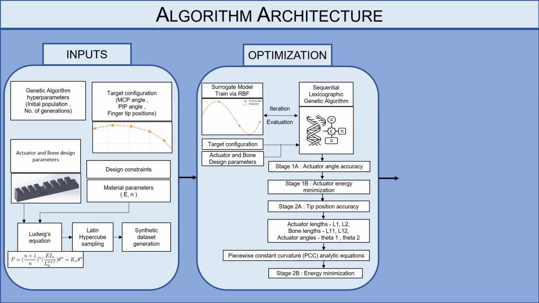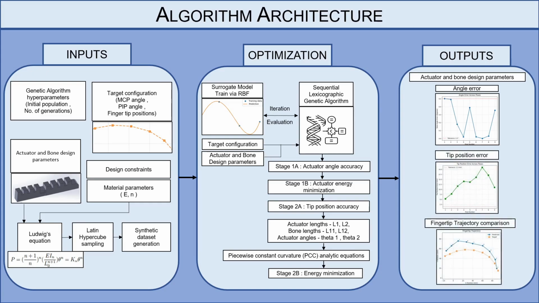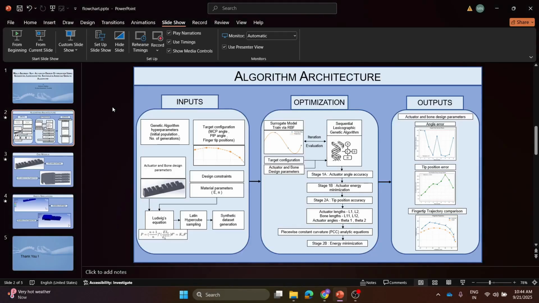In the outputs we get the actuator and bone design parameters, the angle error comparison across multiple target poses, the tip position error, and the fingertip trajectory comparison. We will see all of this when I go through the code. So let's dive into that.